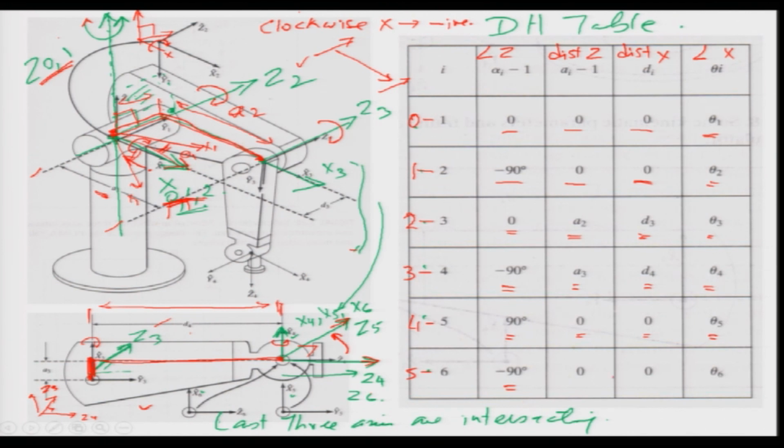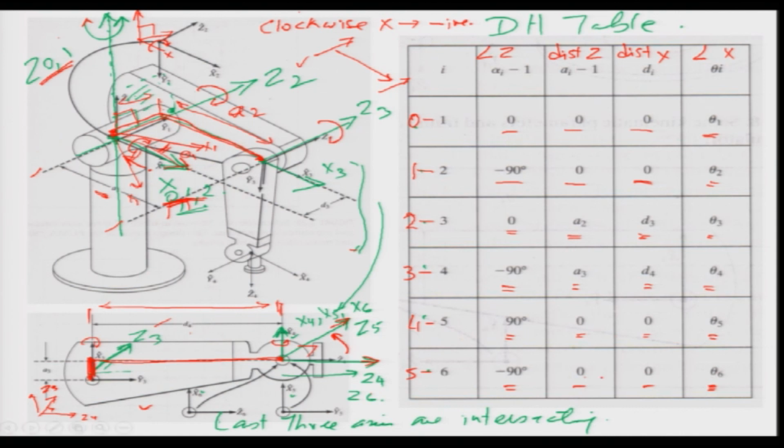Now, the origins are intersecting, origins are the same, and hence there is no angle between them. There is no distance or angle between the z axis or the x axis, and when the 6th joint moves, what would happen is the angle between the x5 and x6 is going to change, and that is my variable theta 6.